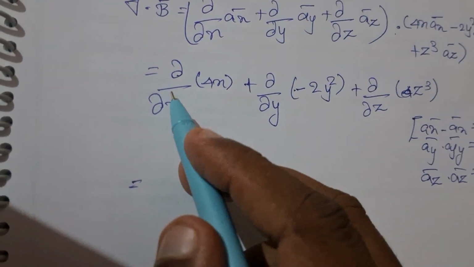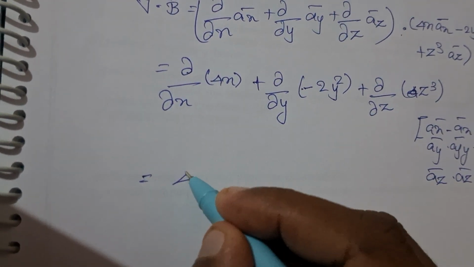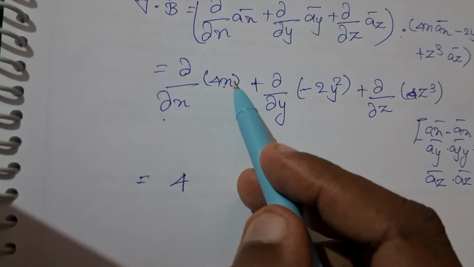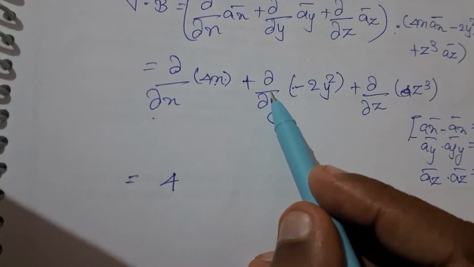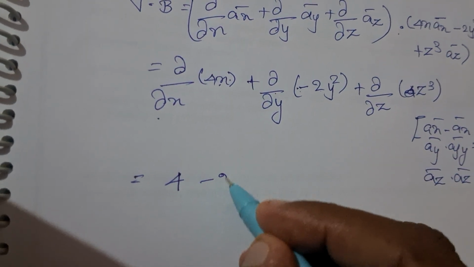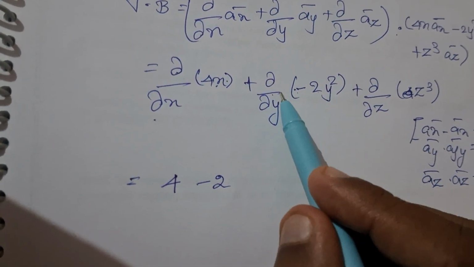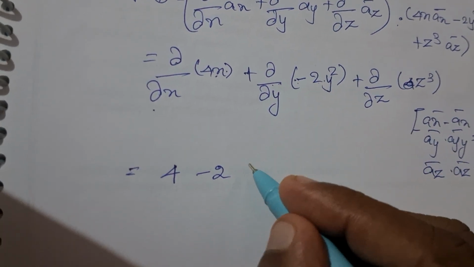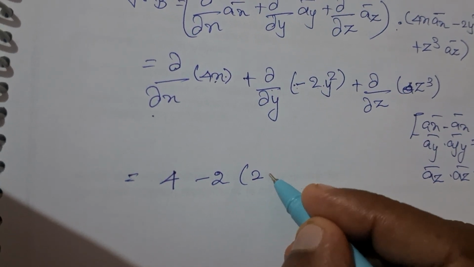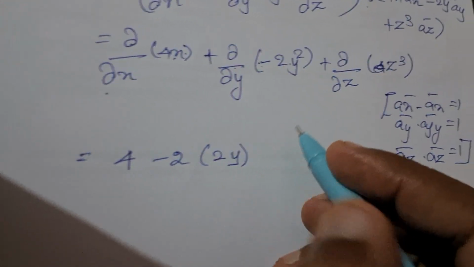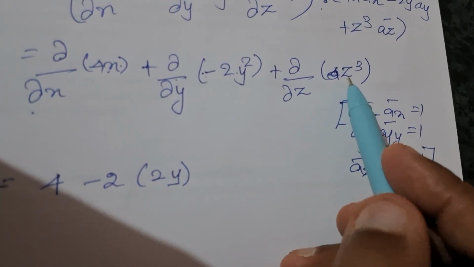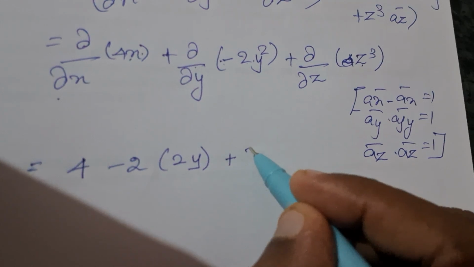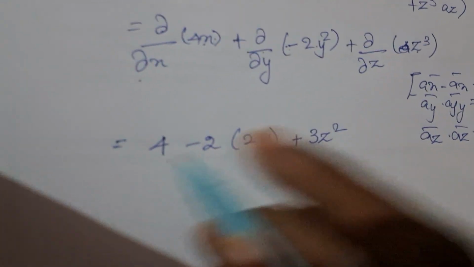Doing the partial derivatives, we get 4, because dou x by dou x gives 1. Next, minus 2 is a constant, and dou y square by dou y is 2y, giving minus 4y. Then dou z cube by dou z gives 3z square.